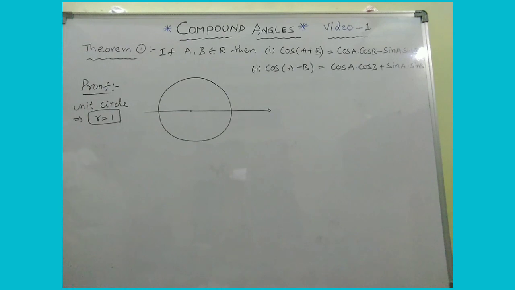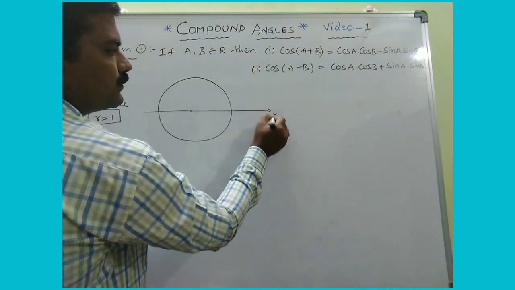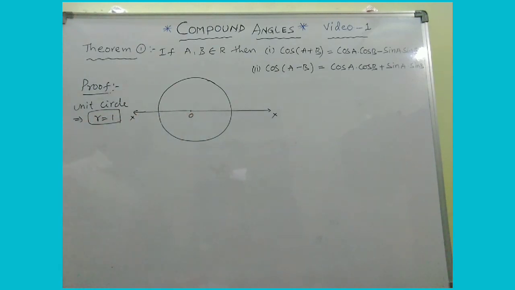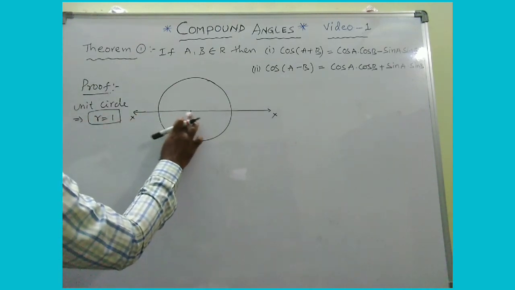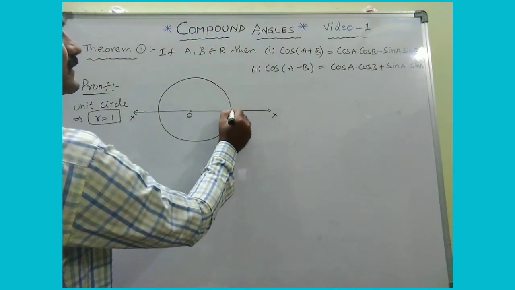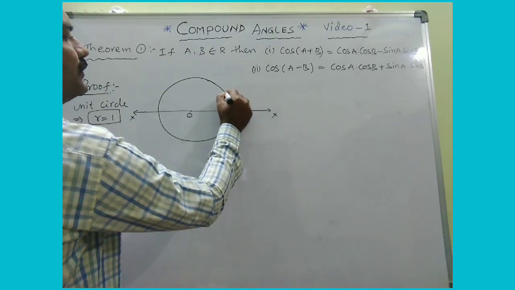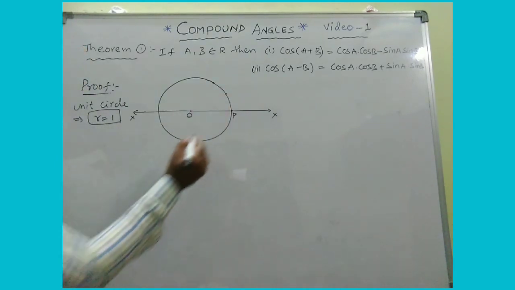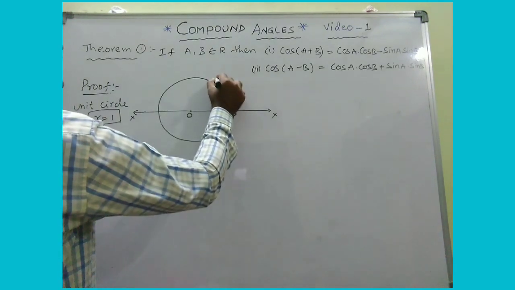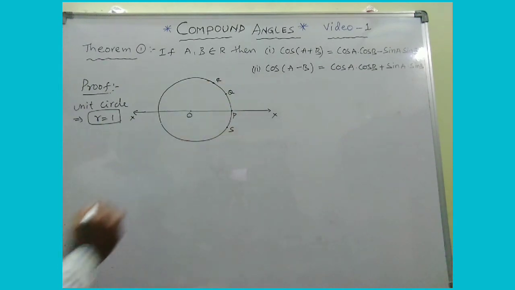This is the positive x-axis, negative x-axis. Also assume that P, Q, R and S are four more points on the circle.